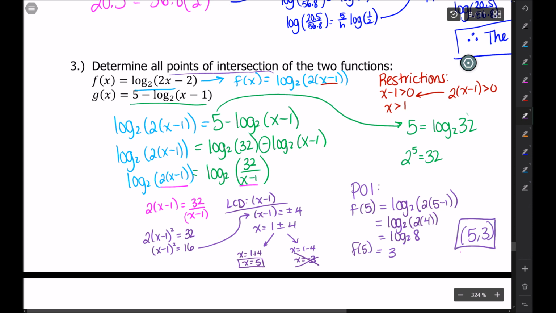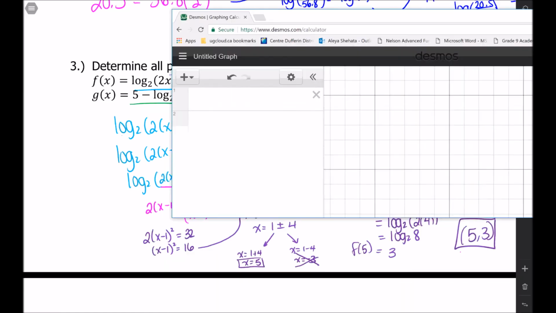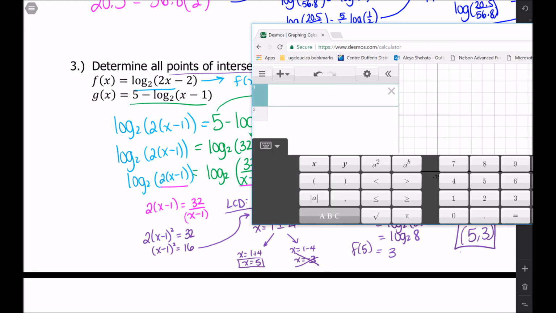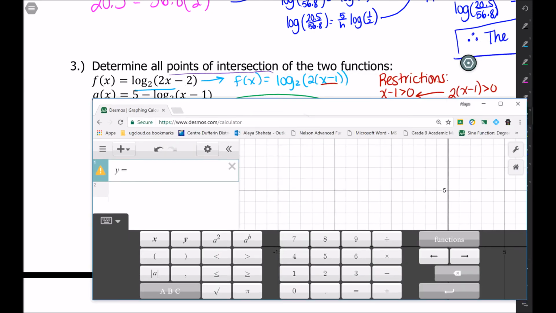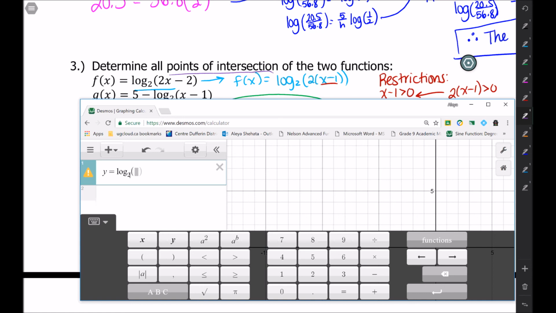Okay, let's just verify this on Desmos. So if I were to graph out both of these functions right here, my first one that I'm going to type in is y equals log base 2 of 2x minus 2.